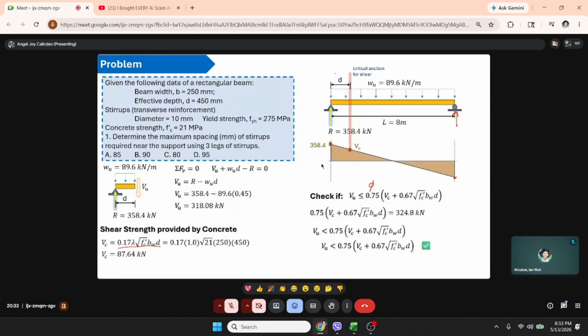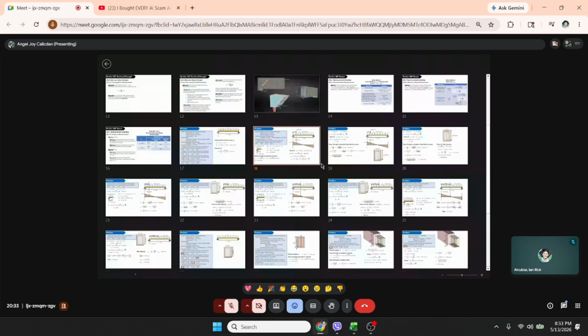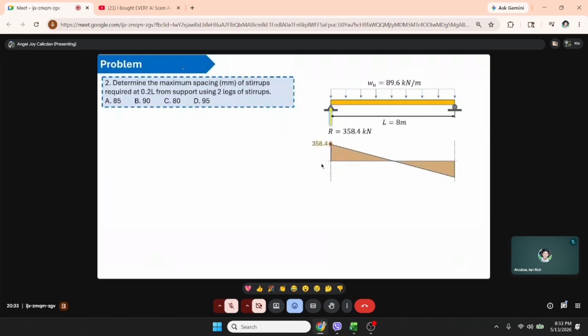That is why we used the distance to the critical section. And it also mentioned how many legs to use, which is 3 legs. And here in problem 2, determine the spacing at 0.2 L, not at the critical section, with 2 legs of stirrups indicated.